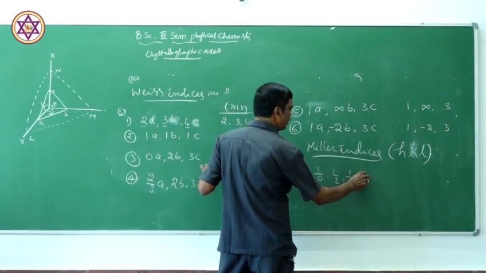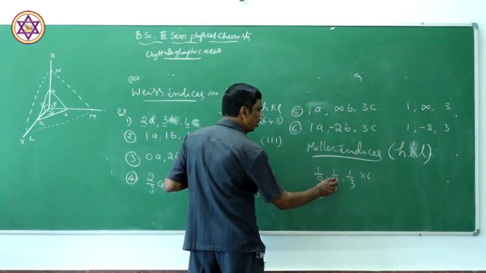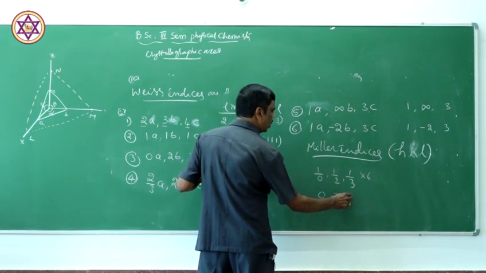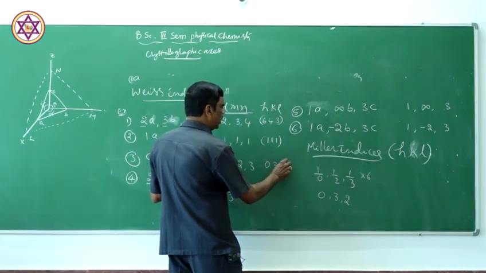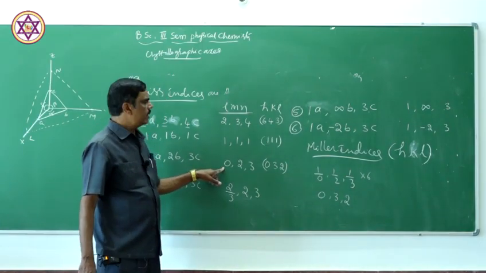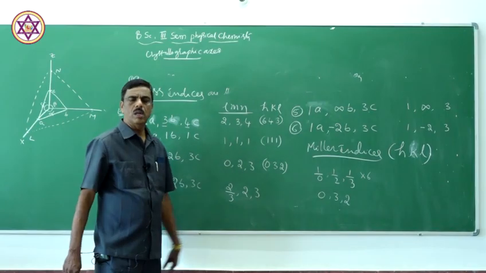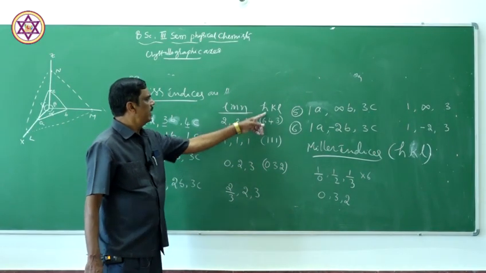You can multiply this by 6. 6 into 0 is 0, 6 into half is 3, 6 into 1 by 3 is 2. Therefore, 0, 3, 2 is the Miller indices. So, even if there is 0, you can convert that into Miller indices. Take the ratio, convert that into whole numbers by multiplying with a convenient number, and you will get HKL.